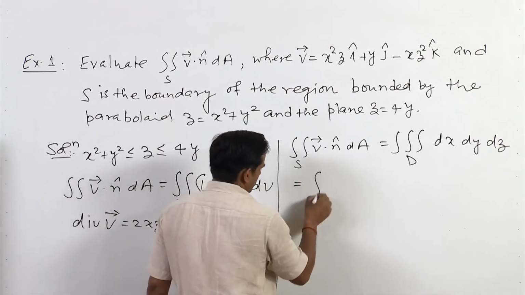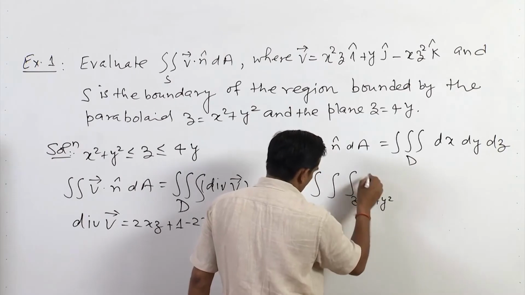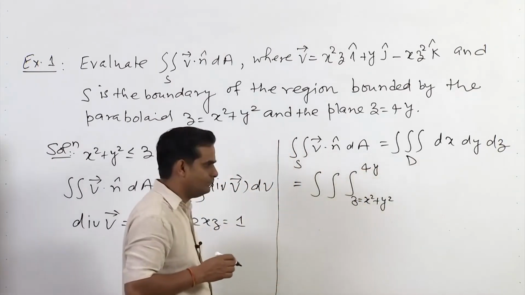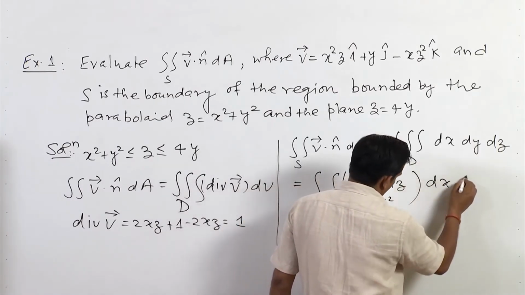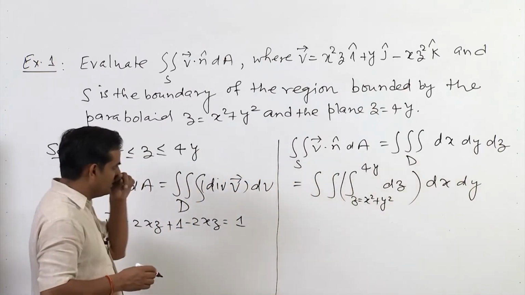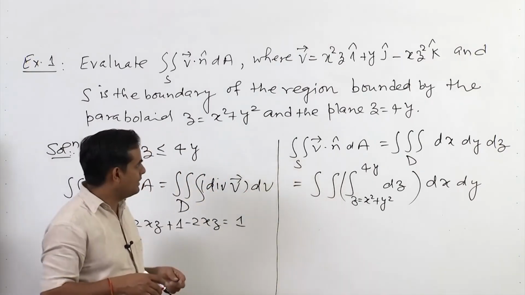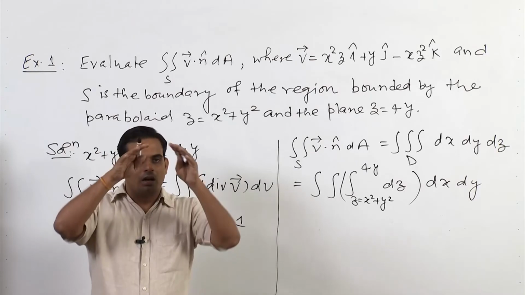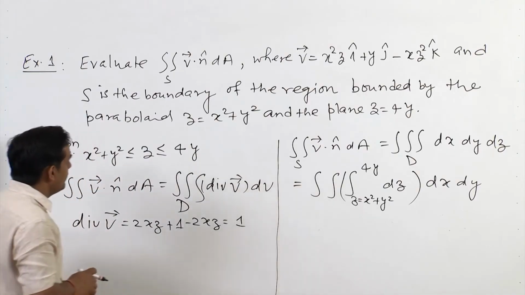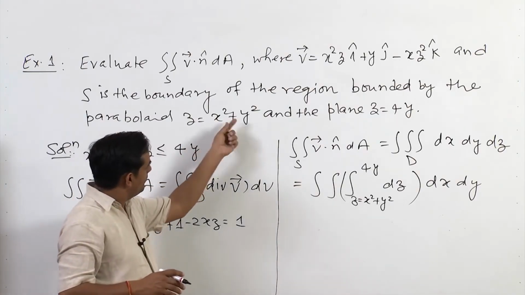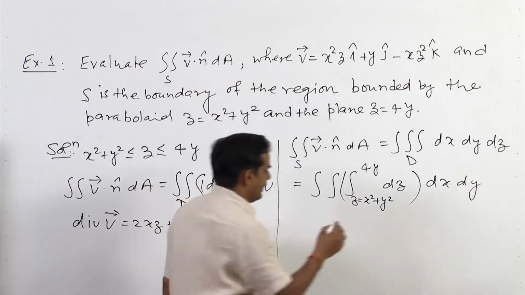This equals the integral of dz from z equals x squared plus y squared to 4y, into dx dy. Now this double integral is over the region in the xy plane, which is the projection of the region D on the xy plane. The projection will come from z equals x squared plus y squared, a paraboloid going in this way.